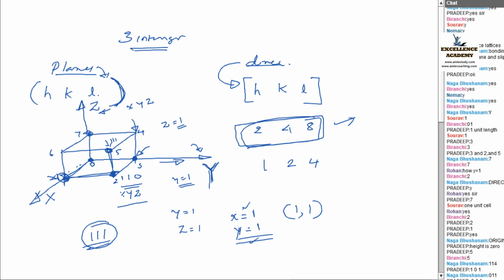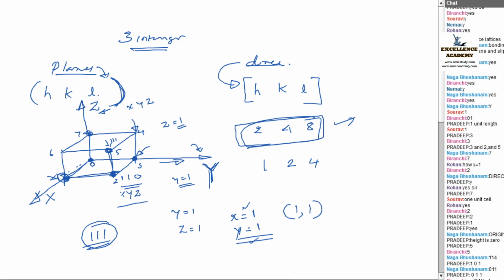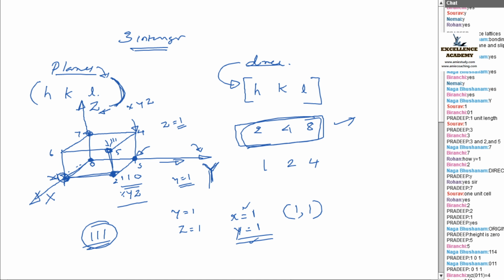Naga says that it is 0, 1, 1. Viraji also says 0, 1, 1. What about others' opinion? Saurav also agrees with that.